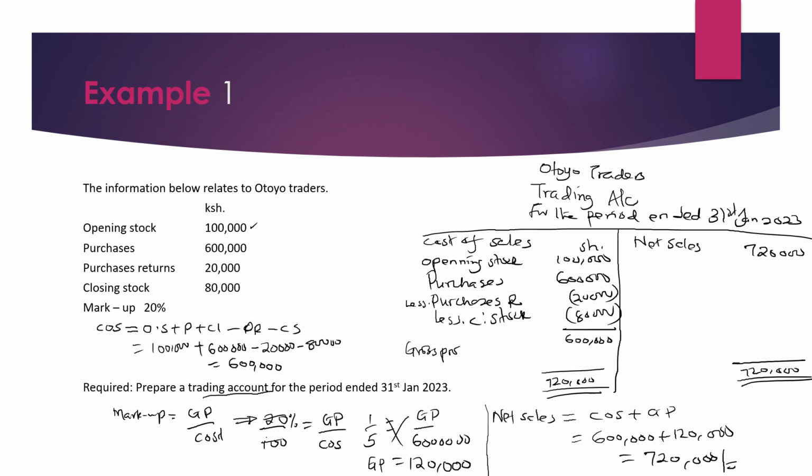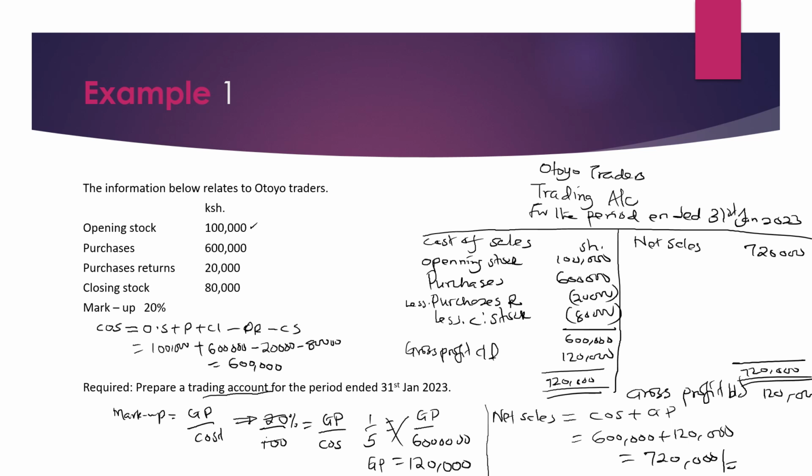On the debit side, gross profit carried down of 120,000, and on the credit side, gross profit brought down of 120,000 below the total. And this is our account. That is the trading account.